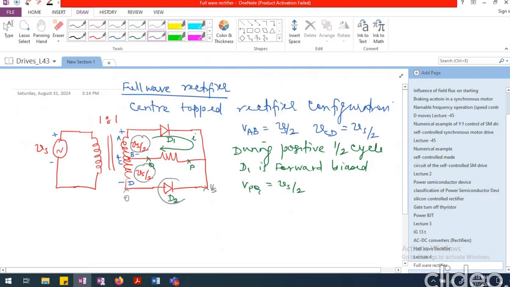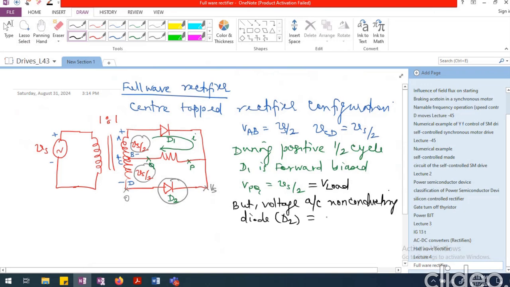The voltage across the non-conducting diode is going to be the full voltage of Vs. The load voltage is only Vs by 2, but the voltage across the non-conducting diode, which is D2 in this case, is going to be Vs.